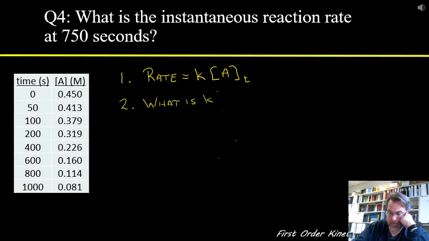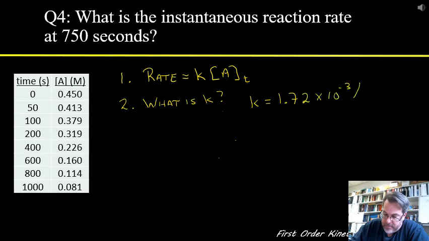is figure out what's the rate constant. If you hadn't already done that, that would be the first thing you need to do. In this case, we've done that, and we know that it's 1.72 times 10 to the minus 3 reciprocal seconds.